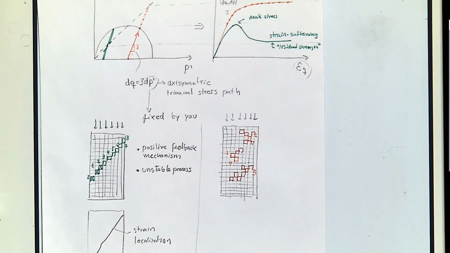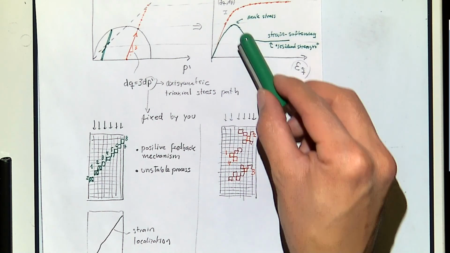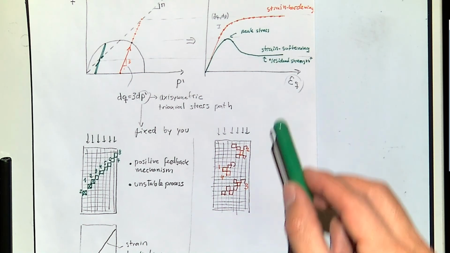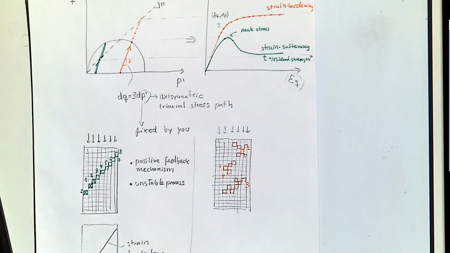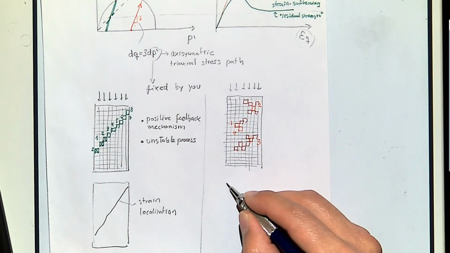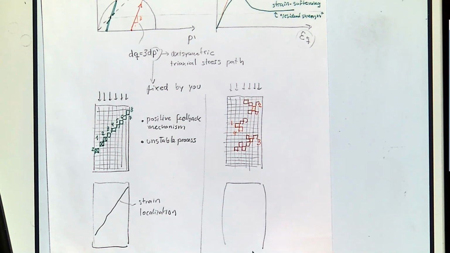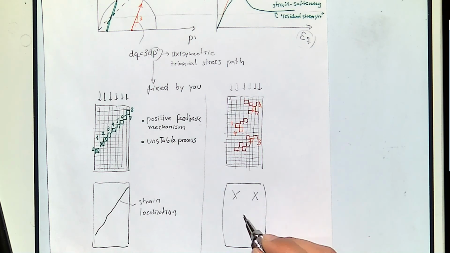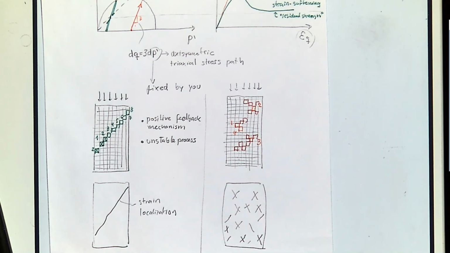There's going to be a point at which probably all the rock is going to get into plastic strain, and probably that will be when you get mostly around here. But now by failing your material, you have distributed strain, and as a result what you see is that sometimes you get these tiny shear bands that are not localized into one particular region but are distributed all over the sample.